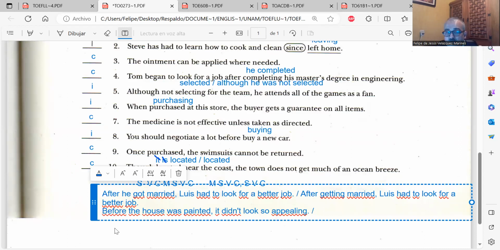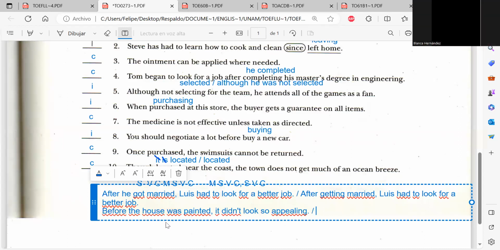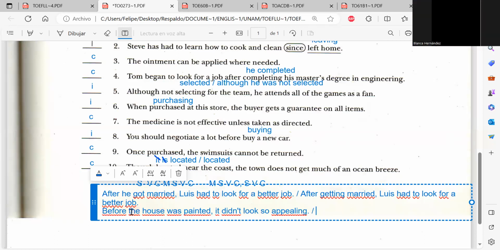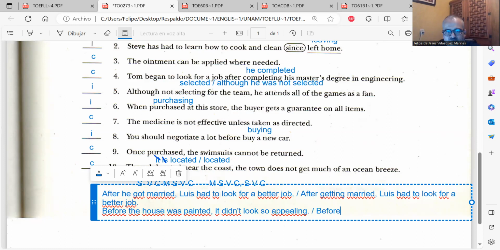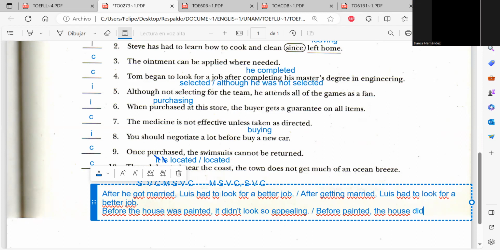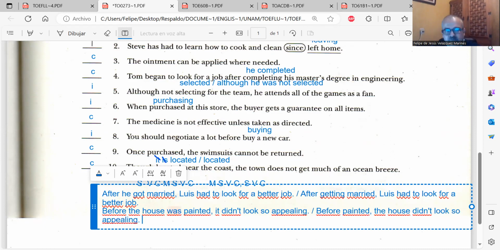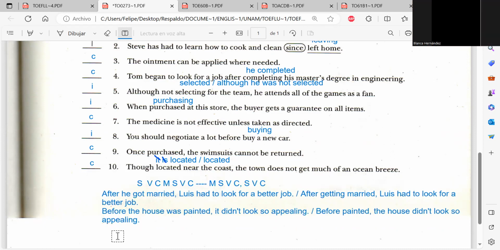Okay, the house painted or was painted, the house did the action or received the action? Received the action. So we eliminate just the repetition and the auxiliary. So then we say before painted, the house in this case, because if I say it, what are we talking about? Yes, the house didn't look so appealing. Yes. This is the way we use reduction.